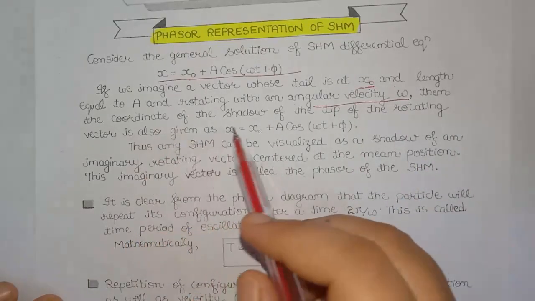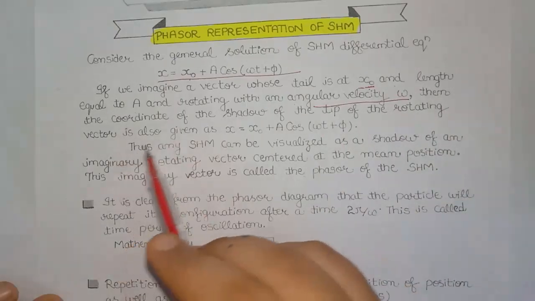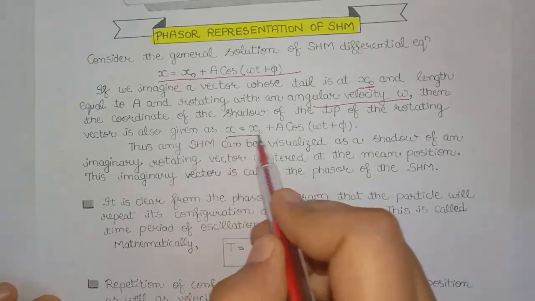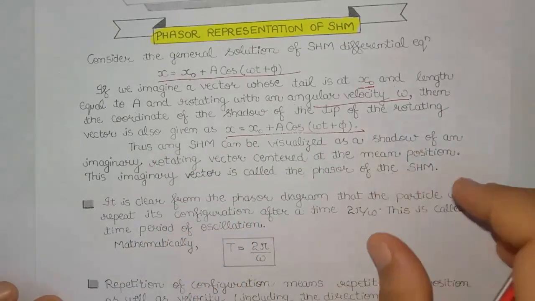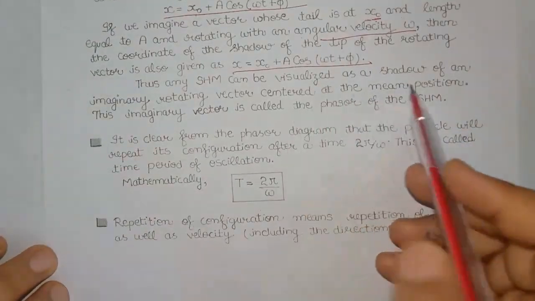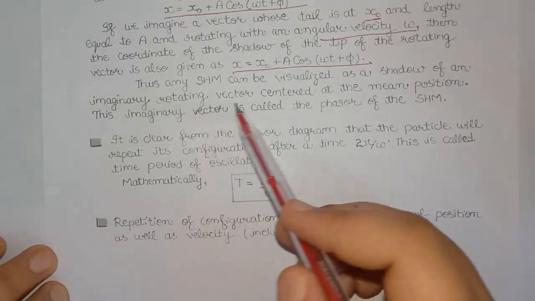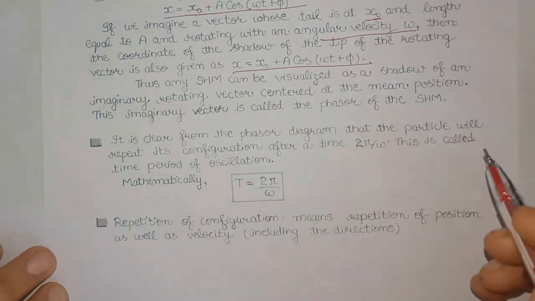Then the coordinate of the shadow of the tip of the rotating vector is also given as x equals x naught plus A cos omega t plus phi. So any SHM can be visualized as the shadow of an imaginary rotating vector.